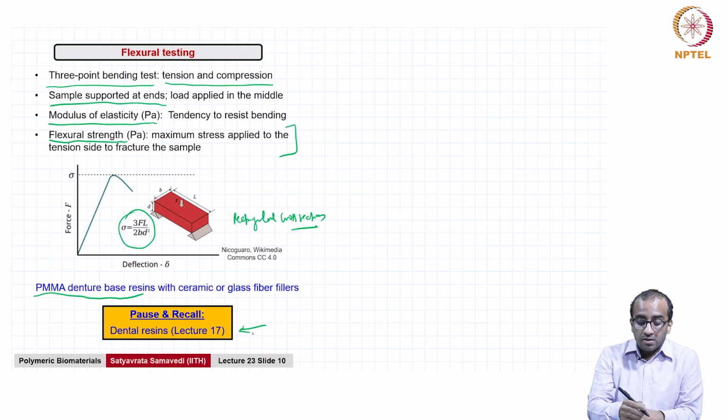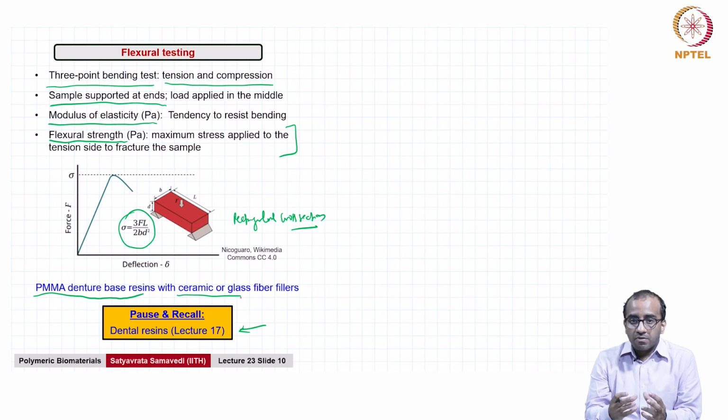Specifically, we are noting here that zirconia ceramic fillers or glass fiber fillers significantly improve the flexural strength of these PMMA denture base resins, which can undergo quite a bit of bending forces where they are employed, and so it's very important that they are strong in this mode of testing.